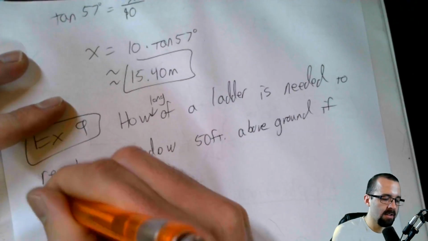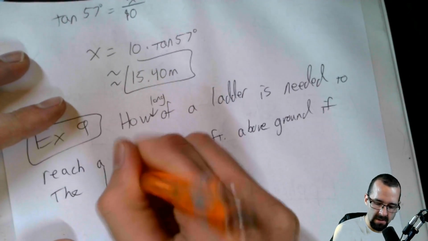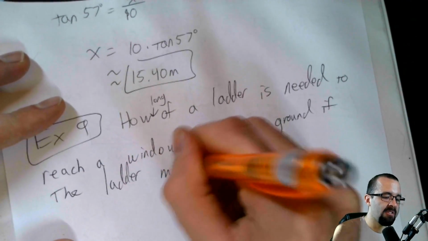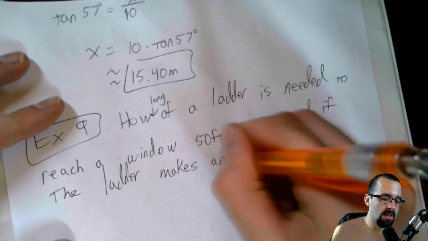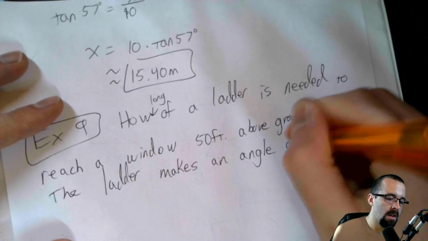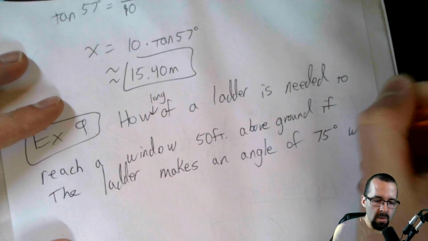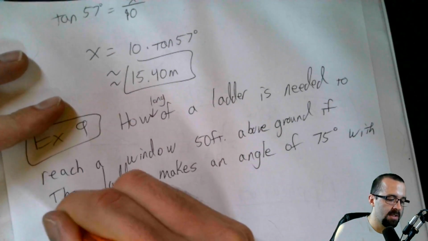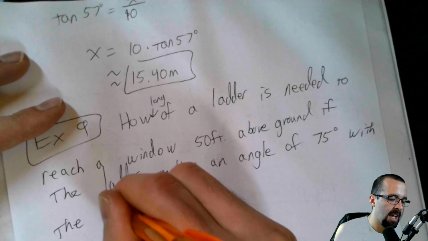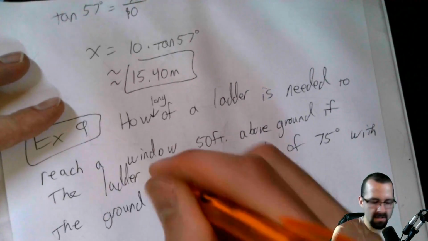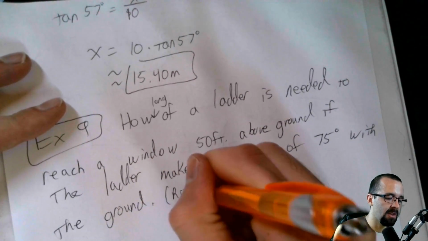If the ladder makes an angle of 75 degrees with the ground. Seems like a pretty decent angle for a ladder to be on. Then round to the nearest foot.